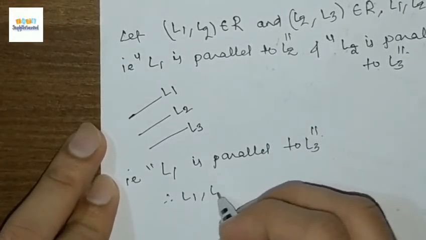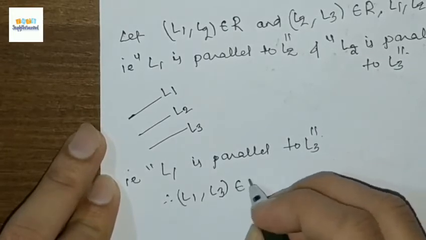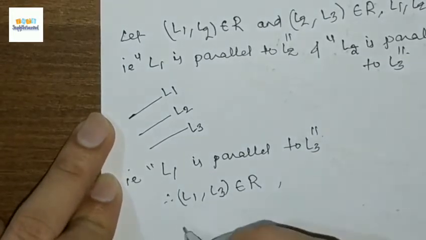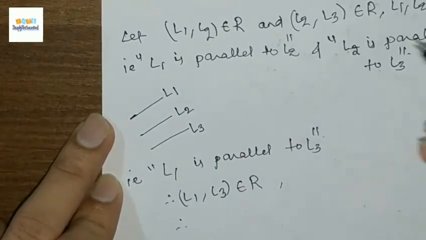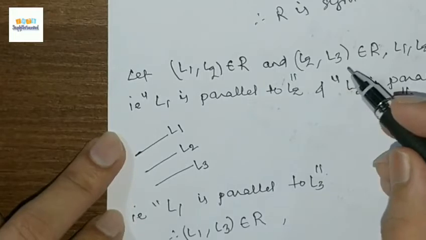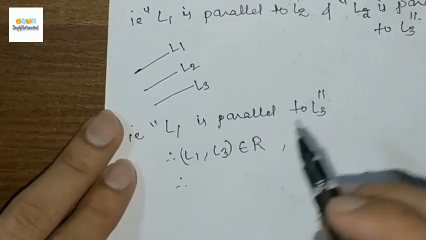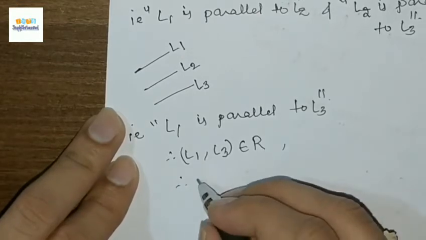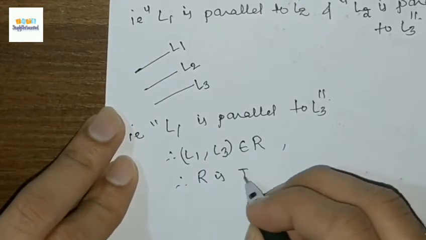Therefore L1, L3 belong to the set R. So L1, L2 belong to R and L2, L3 belong to R, implies that L1, L3 belongs to R. So therefore R is transitive.